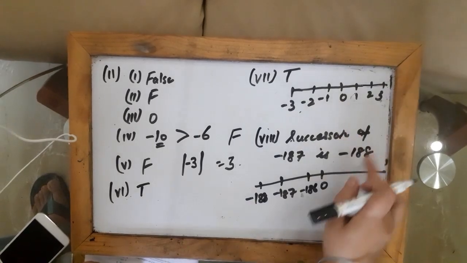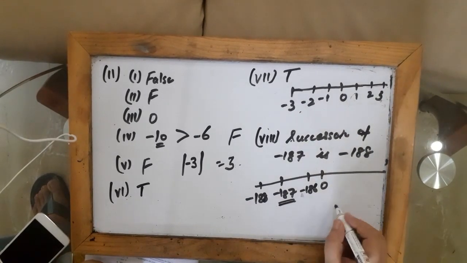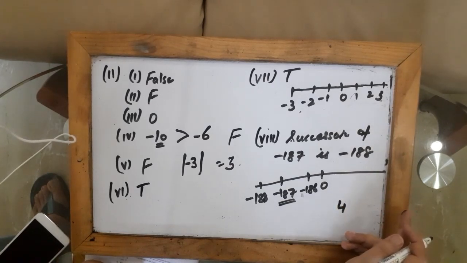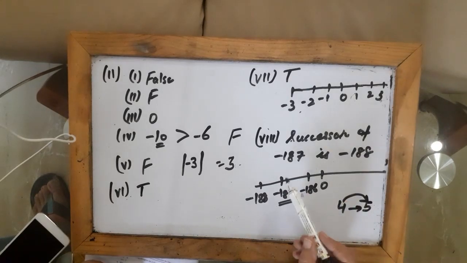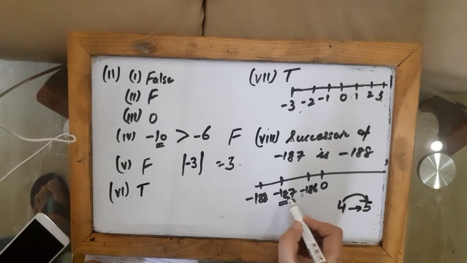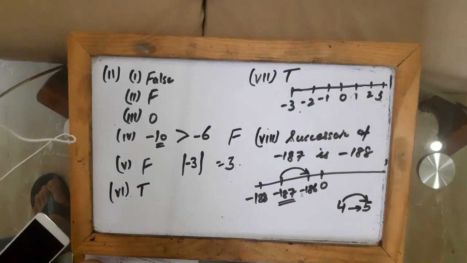Now they are saying successor of minus 187 is minus 188. So you have done the successors of the number. Successor means just after. If I want the successor of 4, it will be 5, means I have to move to the right. Yes, so now to find the successor, I have to move to the right of minus 187. To the right of minus 187 is minus 186.